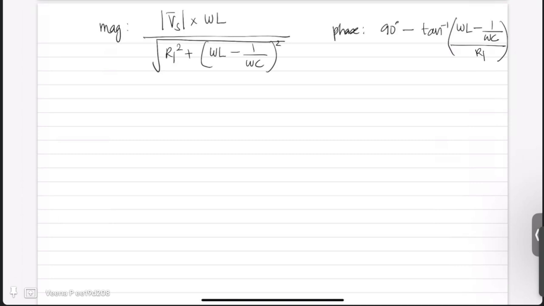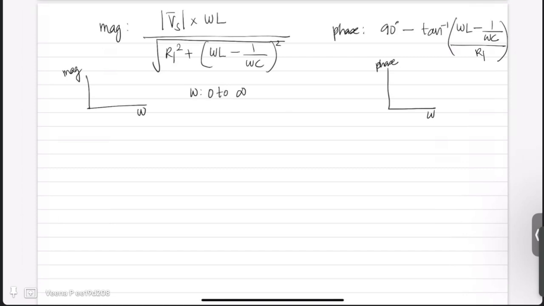Now you have to plot the magnitude as well as the phase with respect to frequency. Frequency is nothing but omega. So you want the magnitude with respect to omega and the phase with respect to omega. For that you have to vary your omega from 0 to infinity.